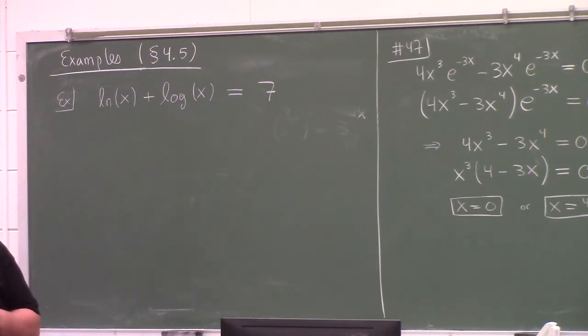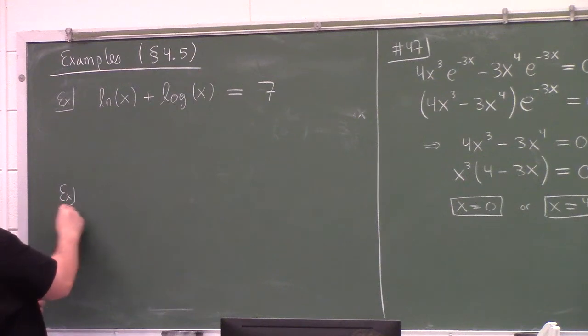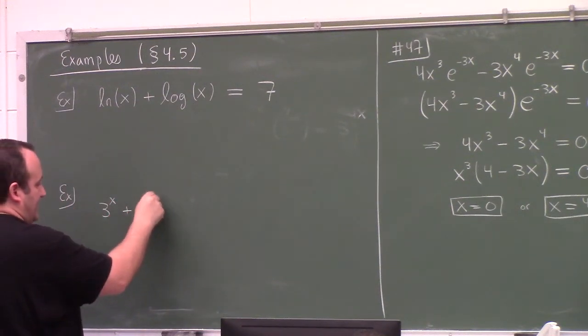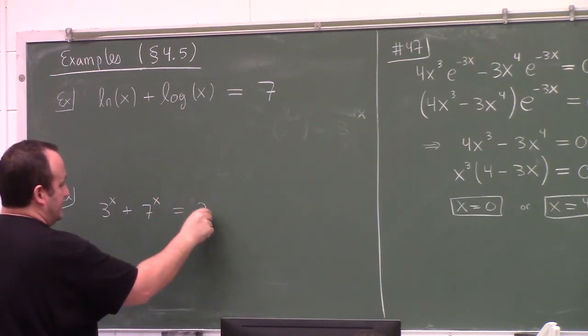Very carefully. How would we solve such a thing? Or, while we're at it, how would you solve something like 3 to the x plus 7 to the x equals 8?